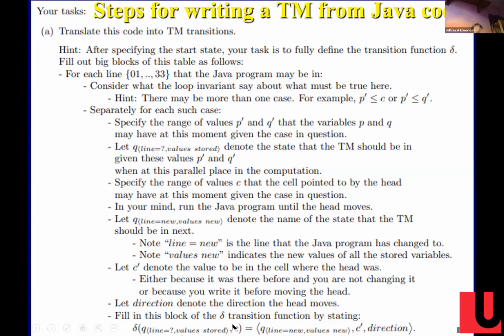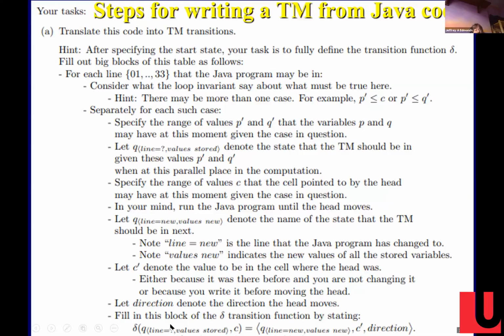And this is a character that might be read from the tape alphabet. It's a character that might be on the tape. So the columns are, there's a column for each value that might be read. So what's allowed to be here is a state name. What's allowed to be here? A character.